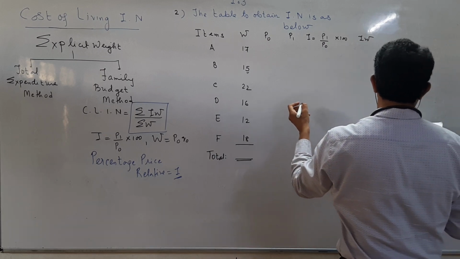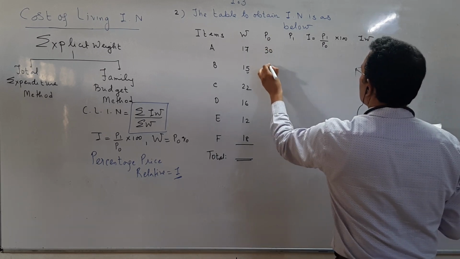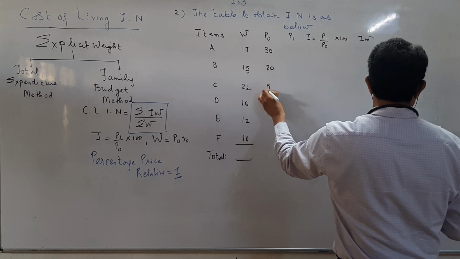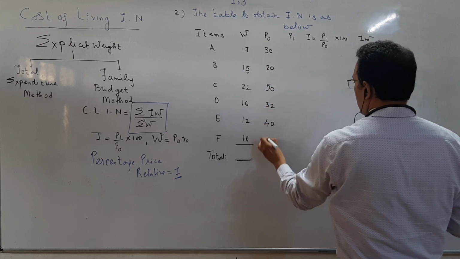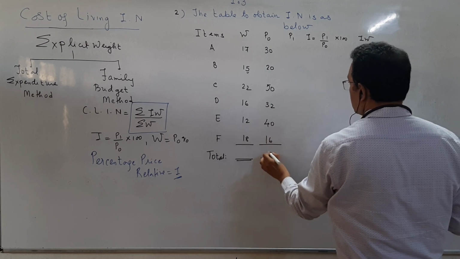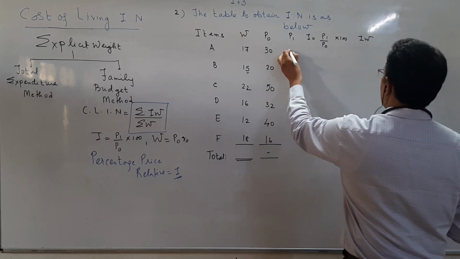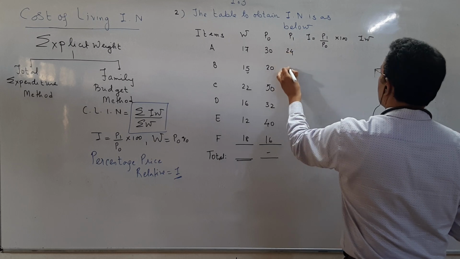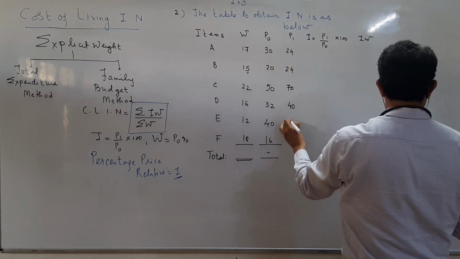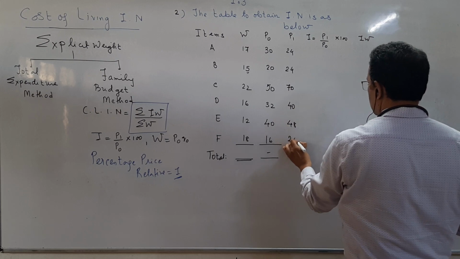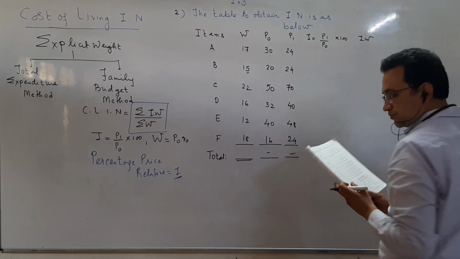Base year's prices are 30, 20, 50, 32, 40 and 60. This total is not required. Current year's prices are 24, 24, 70, 40, 48 and 24.